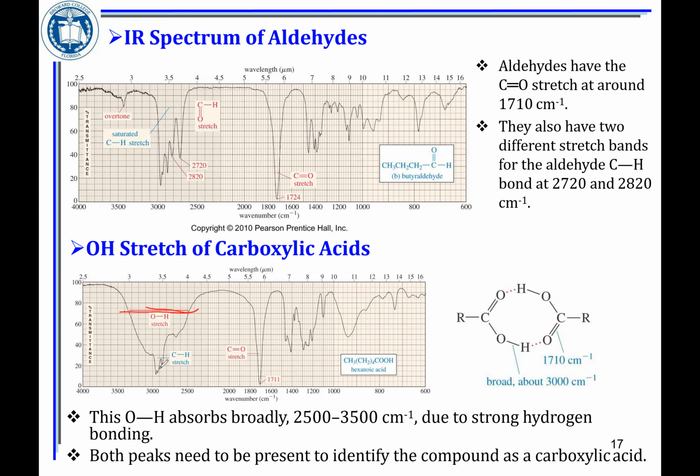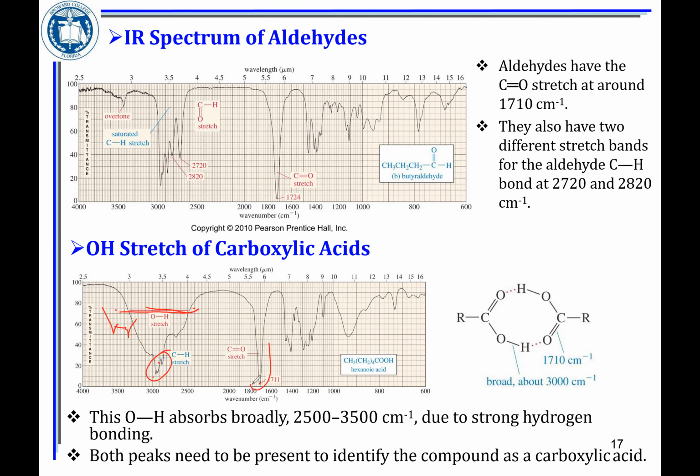And these spikes are not like the NH, because the NH spikes would be around 3300. These spikes are basically the CH overlapping with the OH. If you did not have the OH, the CHs would still be here. The OH is overlapping with the CH, and you see these spikes.